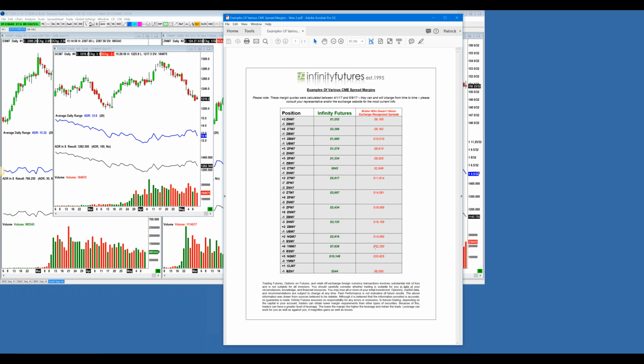If you treat those as outright futures, $52,000. So there's a significant difference in trading with a firm like Infinity who will honor exchange recognized spreads. We believe that to be very important. It's not even close. This is a question of the efficient use of capital, and do you want to be able to deploy it elsewhere, or do you want to have it tied up with the broker all the time?